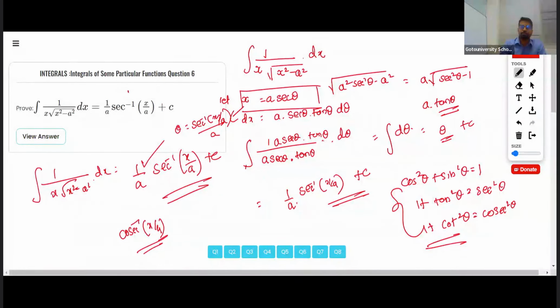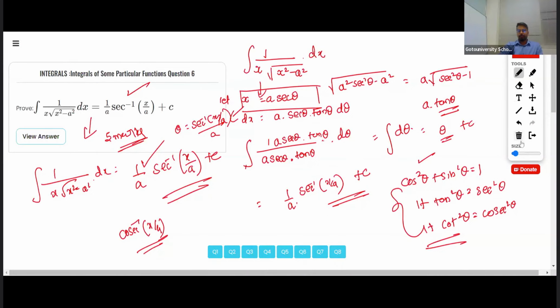If they're asking us to prove, it's fine. But if they ask us to solve this and give the answer and it is for 5 marks, then I need to do all these steps. For that, I need to know what I should substitute for x. For that, again, these identities are important. There is always a reason behind what we are doing and why we are doing it. I hope this part is clear.